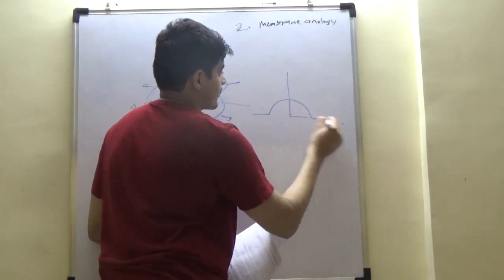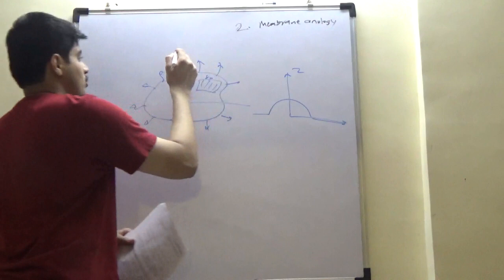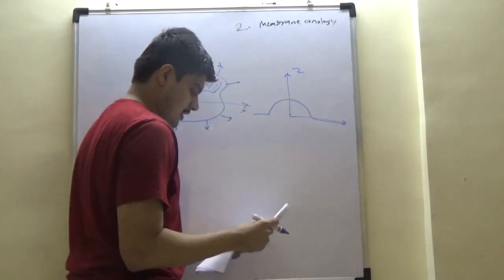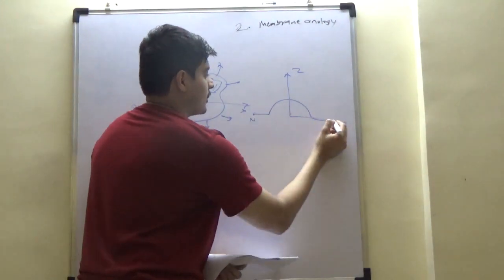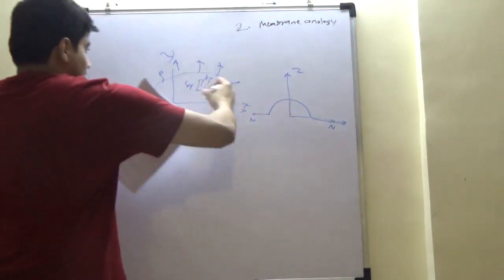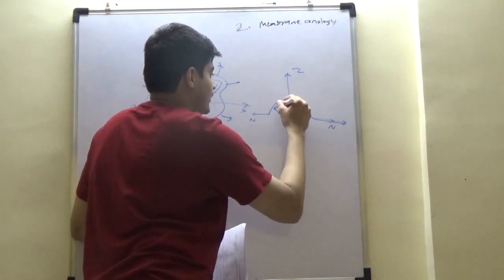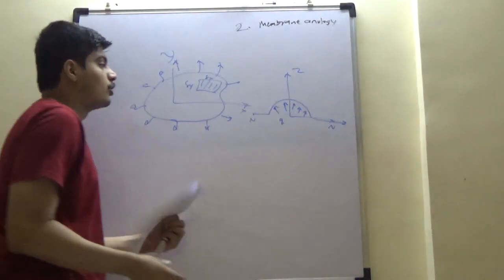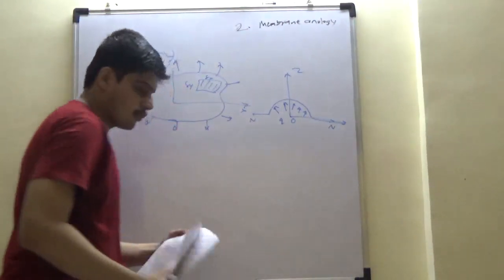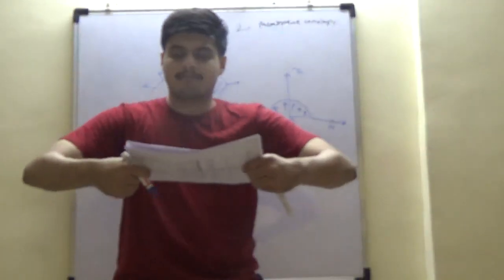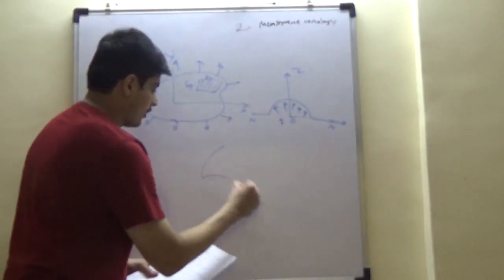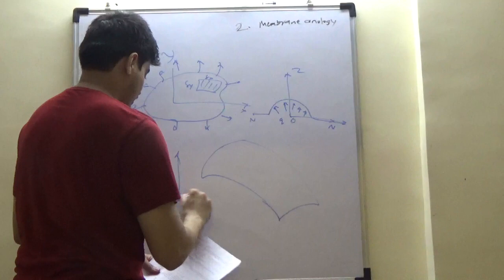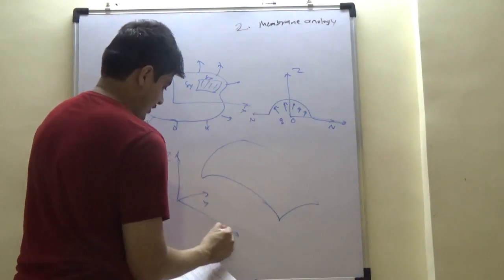In this XY axis and the Z axis here, the membrane looks something like this. These are the normal reactions, and these are the loads, Q per unit load. Let us actually draw the curvature shape of this membrane in this X, Y, Z frame.